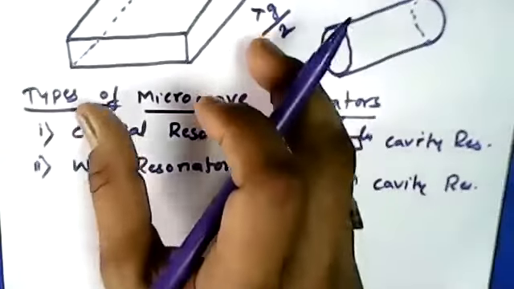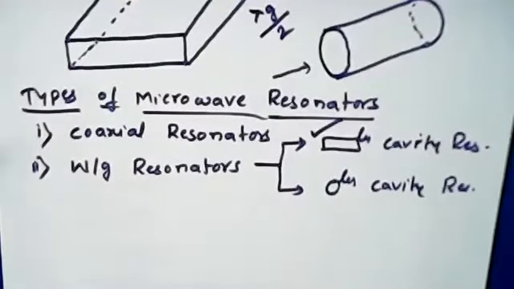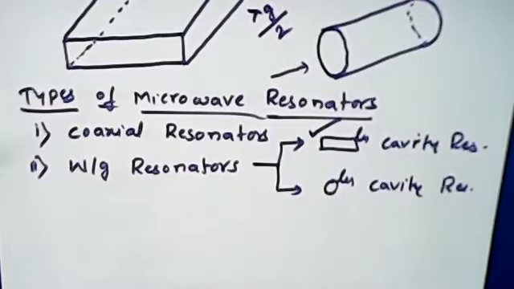But today I am going to give an overview of this rectangular cavity resonator, what things we have and what the modes of propagation are. First, considering the modes of propagation in the cavity resonators.